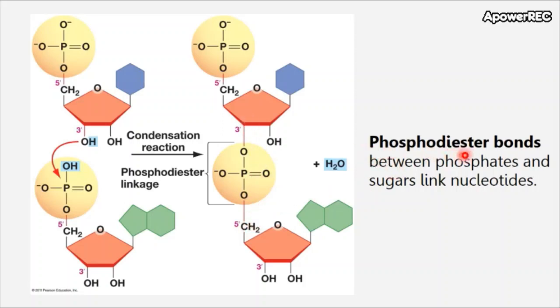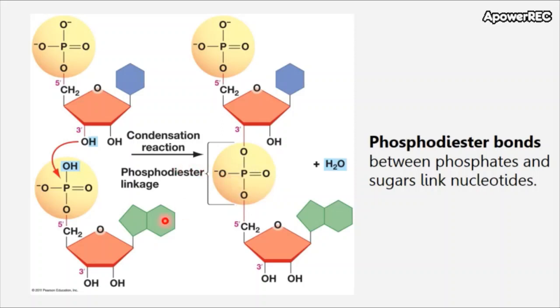This is called a diester bond because this O-P-O structure here is an ester, and there are 2 esters on either side of the phosphate. So this PO2 is one of the esters, and on the other side is another PO2 for the second ester.